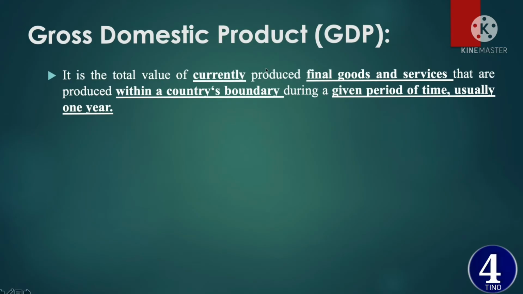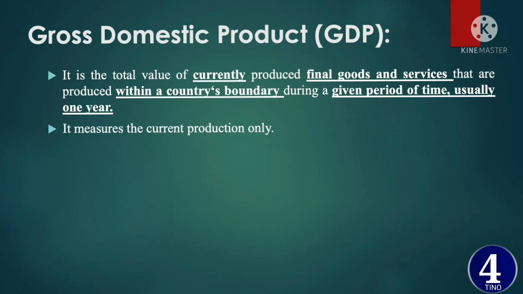And in GDP, we consider production within a country's boundary, which means, as we have seen in the slide before, we will count everything produced within the country, irrespective of the citizenship of the workers, and also at a given period of time, whether it is 2020, 2021, or 2022. So we have to specify the period of the GDP consideration, and most of the time it is 1 year.